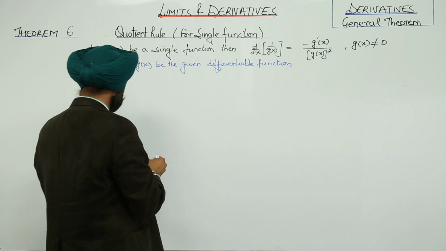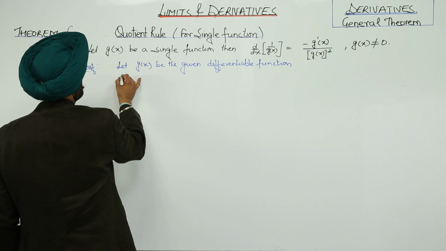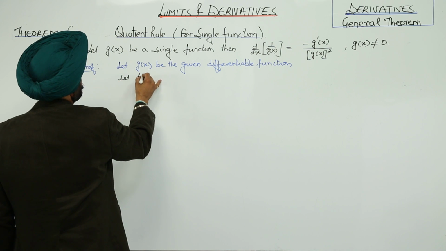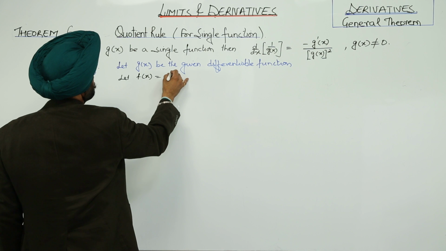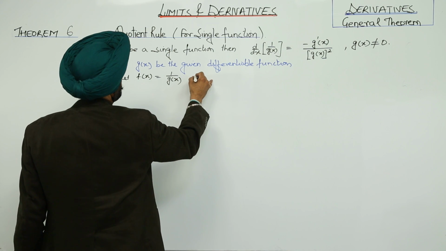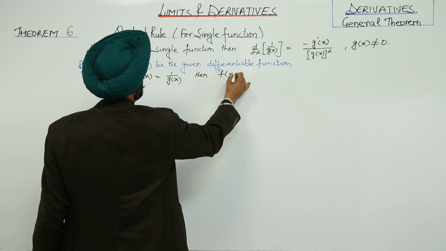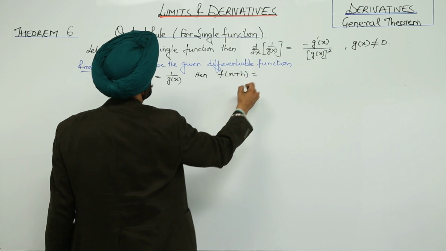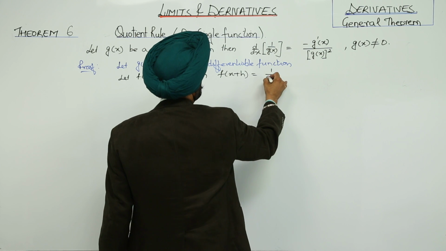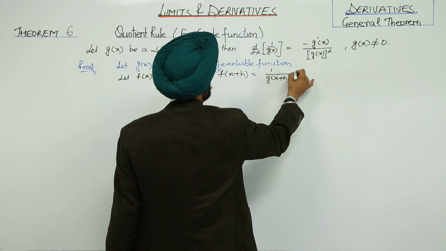Now let f(x) be equal to 1/g(x), then f(x+h) is equal to 1/g(x+h).